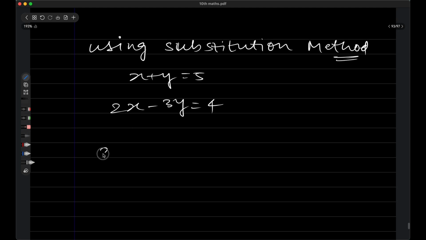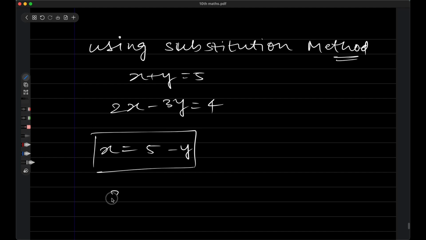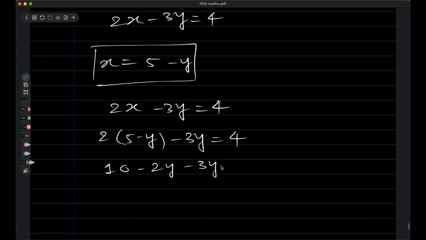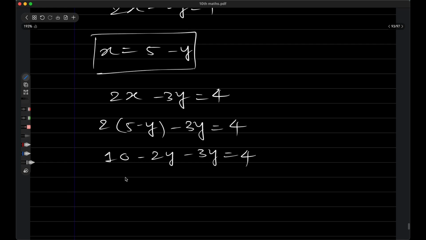Let us subtract y from the first equation. We will get x equals 5 minus y. Now put the value of x in the second equation. 2 times (5 minus y) minus 3y equals 4. We will get 10 minus 2y minus 3y equals 4.